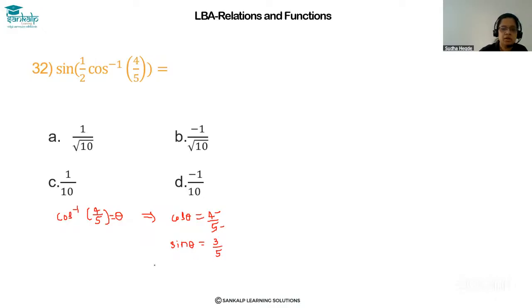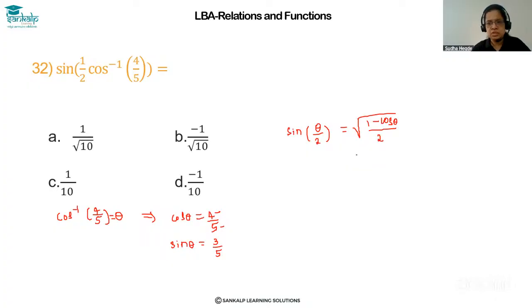Okay, correct. So now you have the formula sin theta by 2 is equal to square root of (1 minus cos theta) by 2.